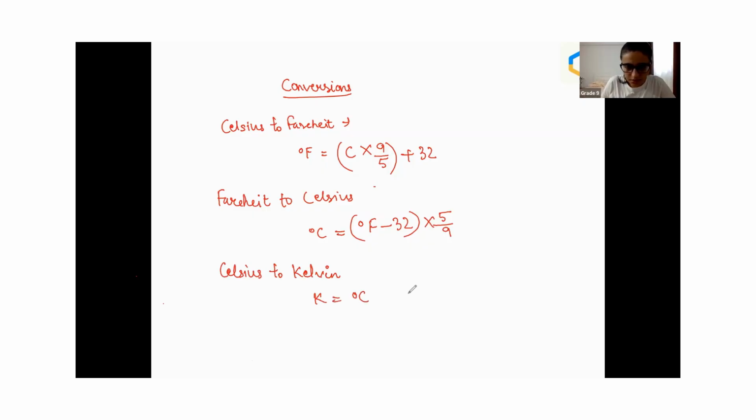Kelvin is equal to degree Celsius plus 273.15. And from Kelvin to Celsius, Celsius equals degree Kelvin minus 273.15. Write them because we are going to do certain numericals out of it, okay? When done, please let me know.